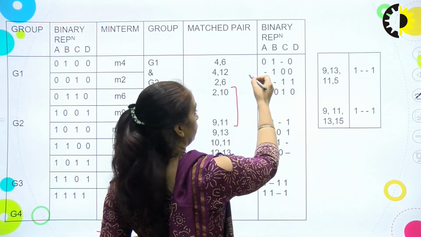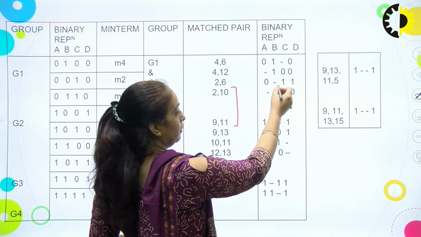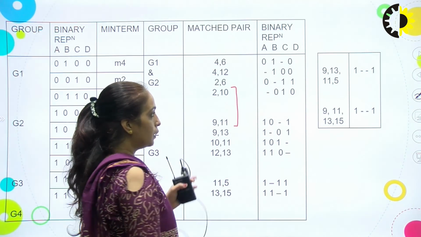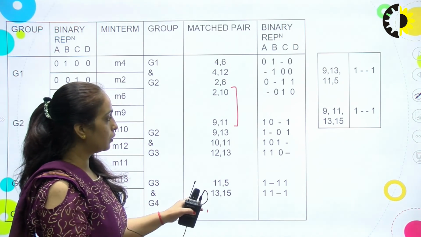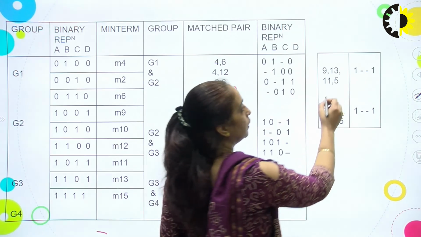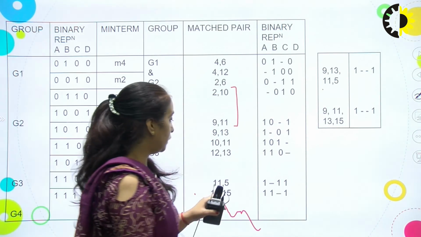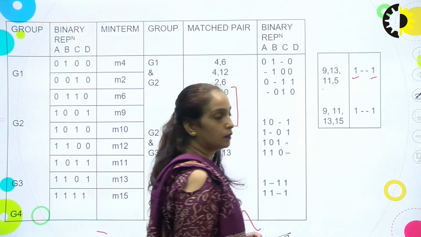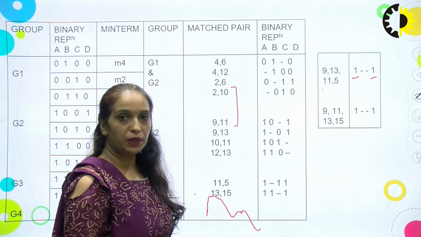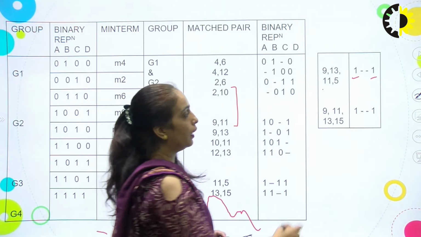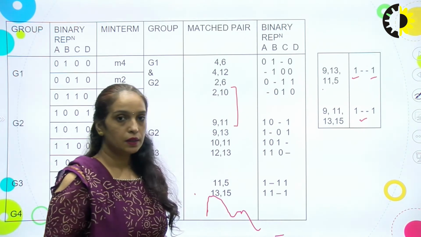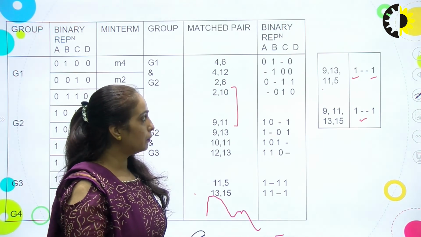We cannot remove any variables from these two groups, so we are going to compare these two groups next, and we are going to compare 9, 13 with 11, 15. So, we have 1, B and C will be removed, 1, and then 1, B and C will be removed. This way we are going to complete this table.